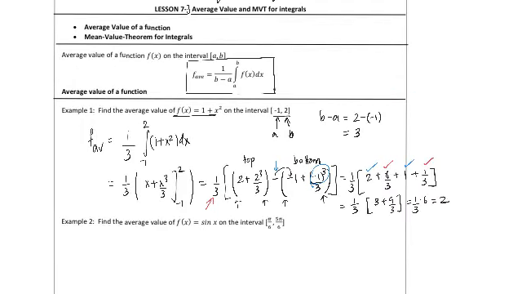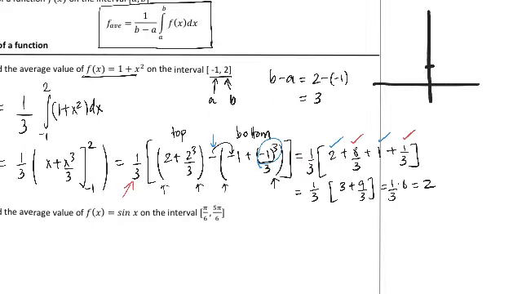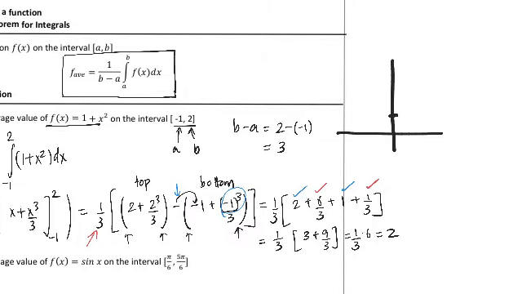So we're saying the average value of this graph, 1 plus x squared, on this interval, negative 1 to 2, is equal to 2. And that's really a statement about the average y value. Let's see if this makes a little sense. 1 plus x squared is a parabola shifted up, and it's going to look something like this.